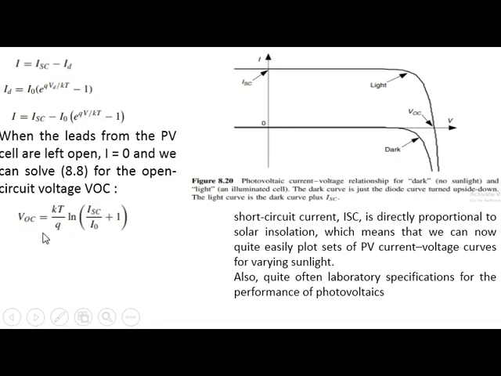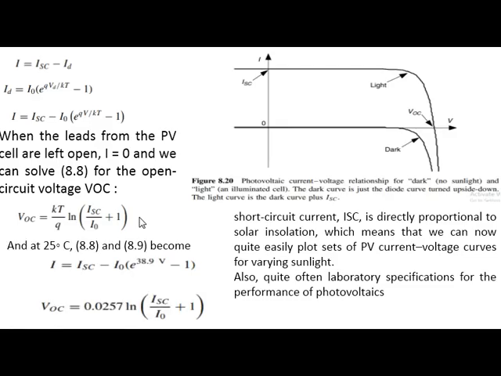We write the open circuit voltage with the help of the diode voltage equation: VOC equals KT over Q times the natural logarithm of short circuit current divided by I naught, plus 1. This we evaluate at 25 degrees Celsius. So the open circuit voltage is equal to KT over Q times ln of (ISC divided by I naught plus 1).